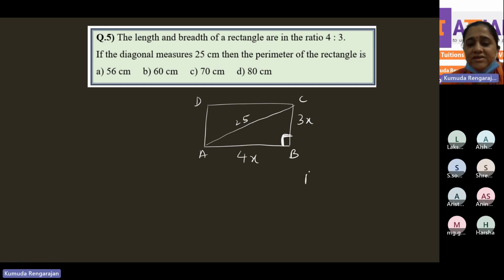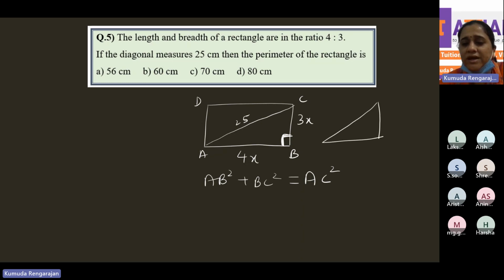So since AC is the hypotenuse, AC square on one side, and AB square plus BC square on the other side. Use the sides of the triangle, not any side.